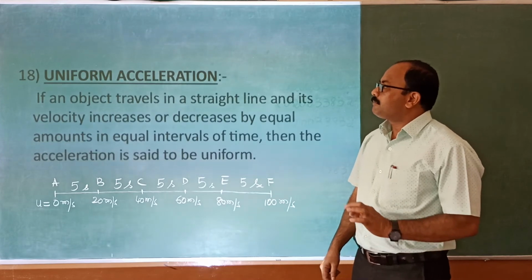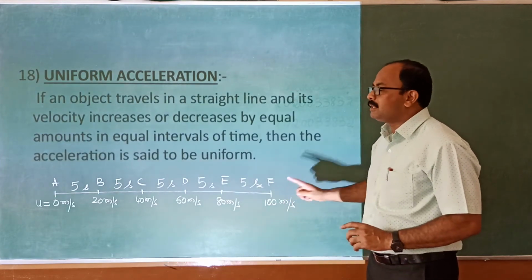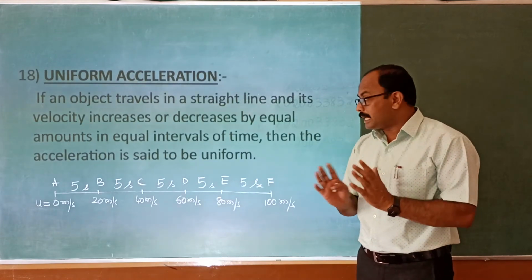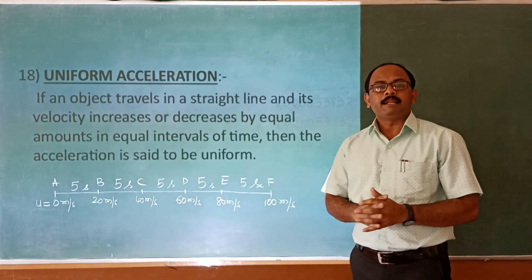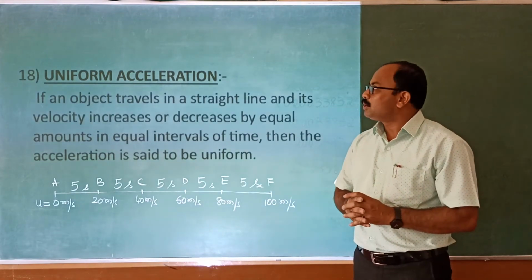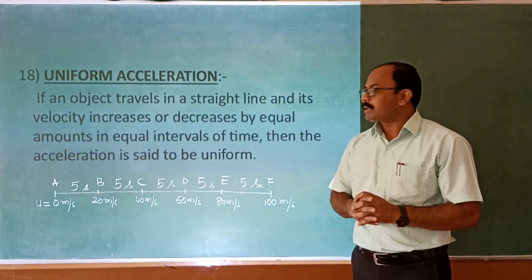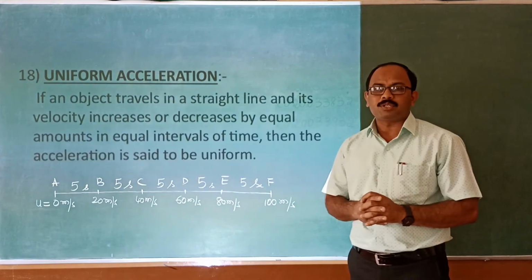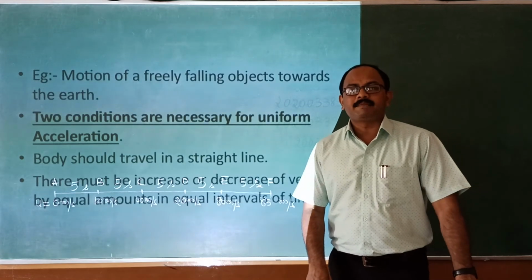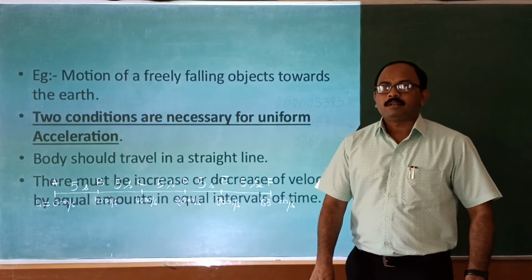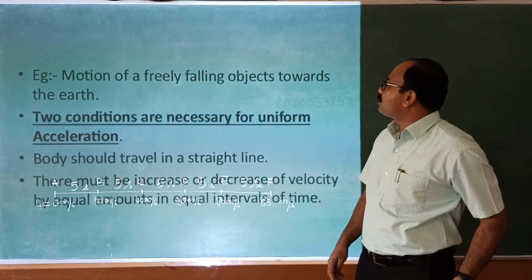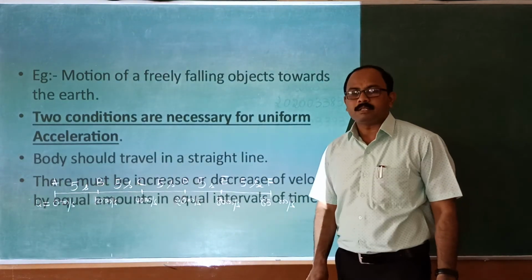Therefore, children, if an object travels in a straight line and the velocity increases or decreases by equal amounts in equal intervals of time, then we call that uniform acceleration. Make a pause and write down the notes, children. The example that we can take is free fall of an object from a height, a motion of a freely falling object towards the earth.